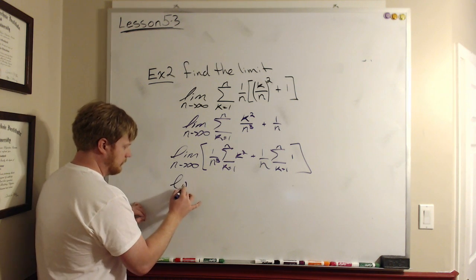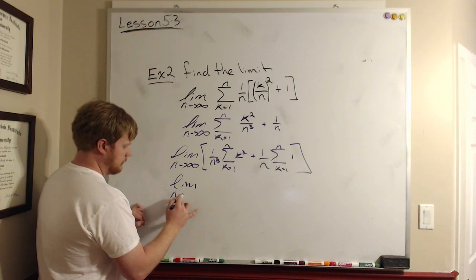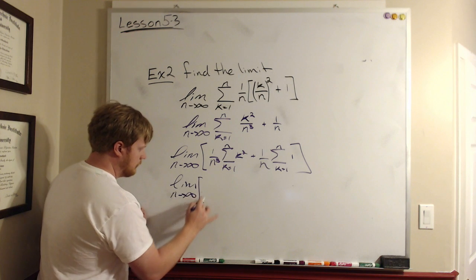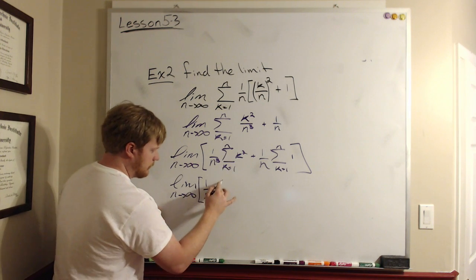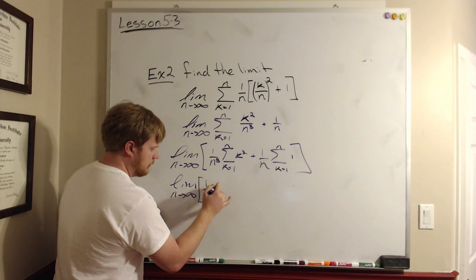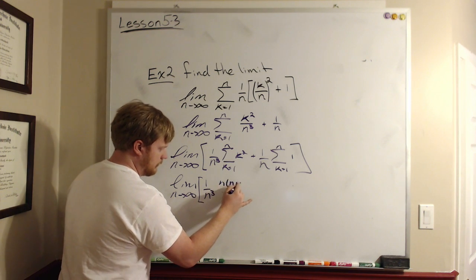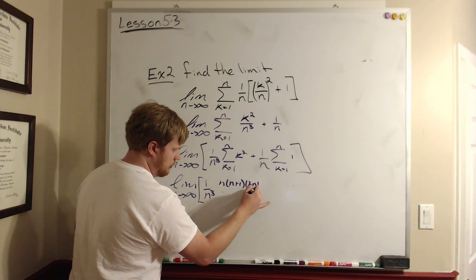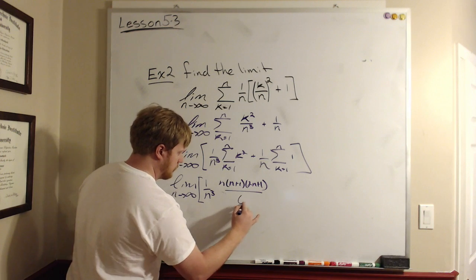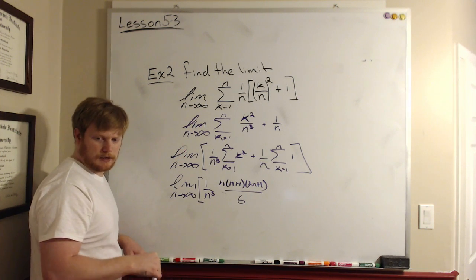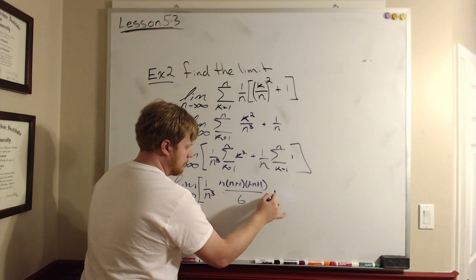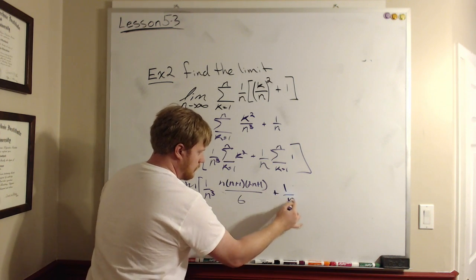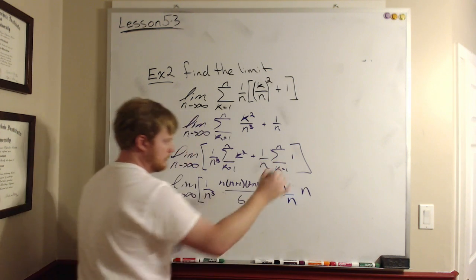They have definite values. And this was something like n times n plus 1 times 2n plus 1 over 6, right? And this was just n.